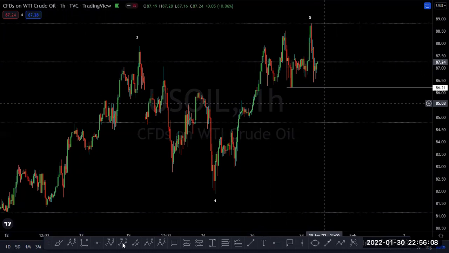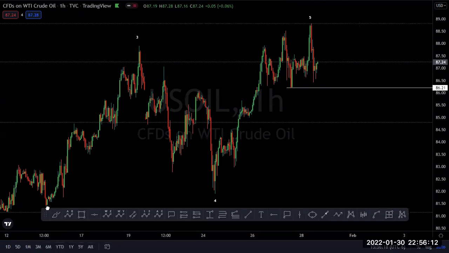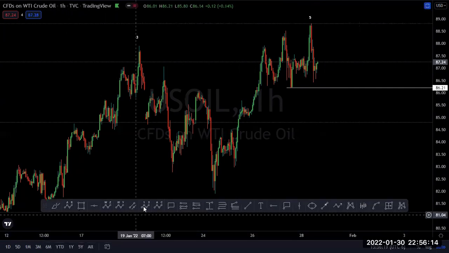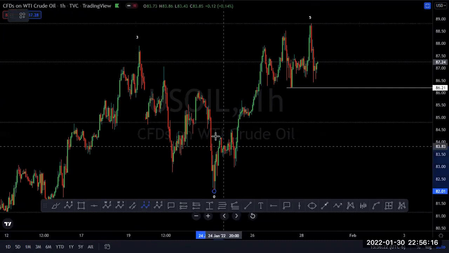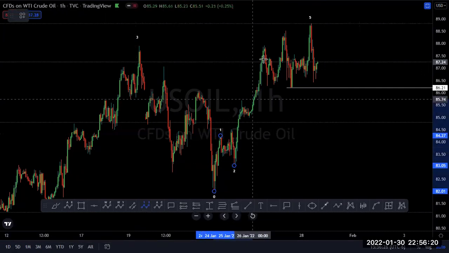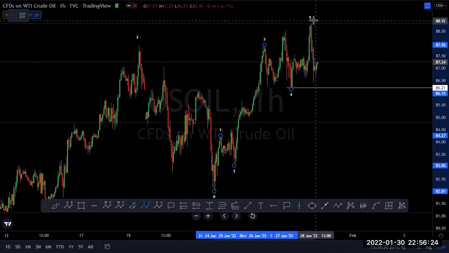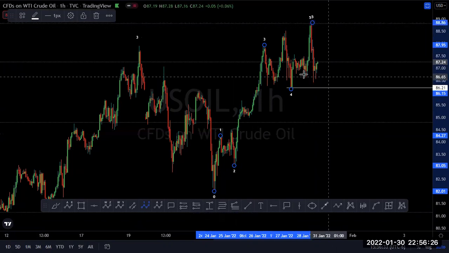Okay, so let me label it. I don't have to label everything because the chart will be so clogged. But this is wave 1, A, B, C, wave 2, wave 3, A, B, C, 4, then 5.